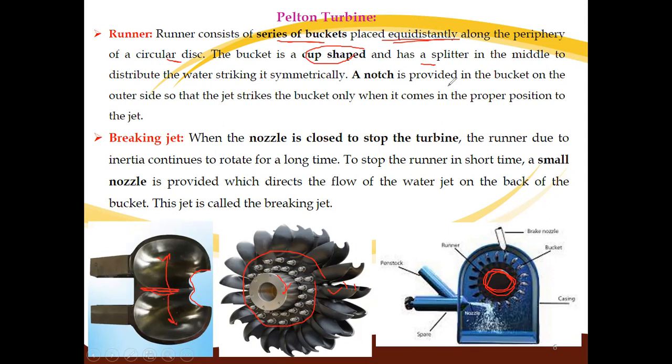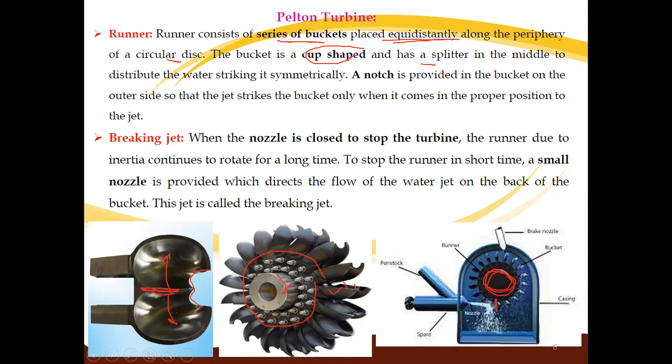Then there is a notch provided in the bucket on the outer side, so that the jet strikes the bucket only when it comes into the proper position. It strikes the bucket only in this vertical position, that is, tangentially.